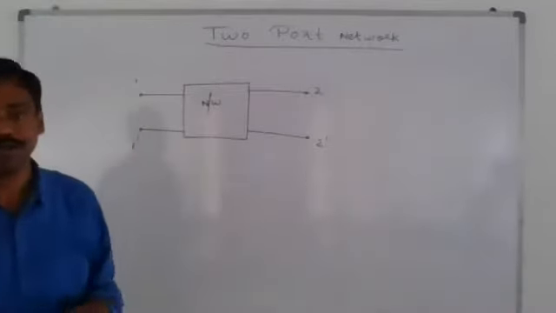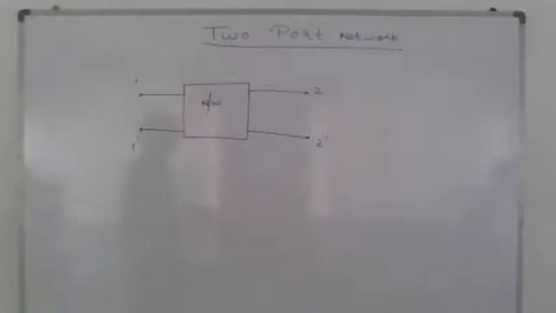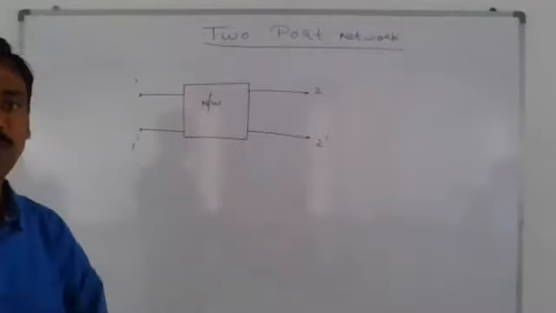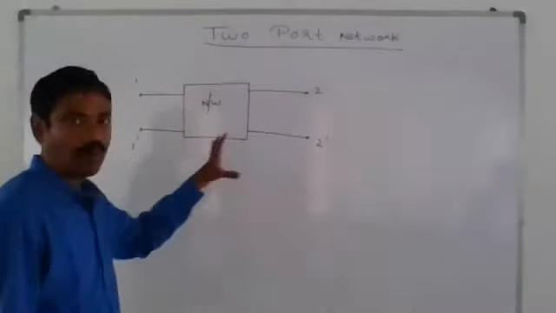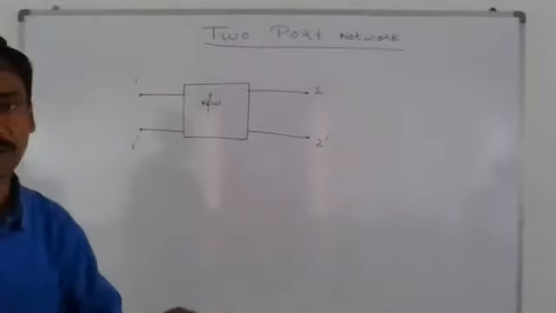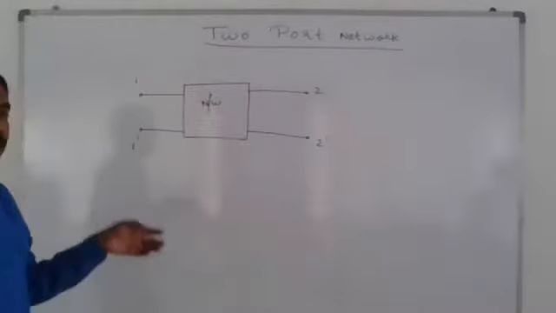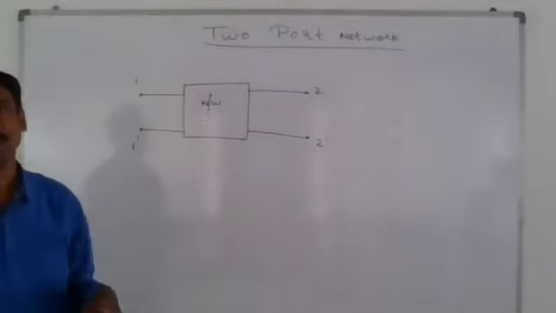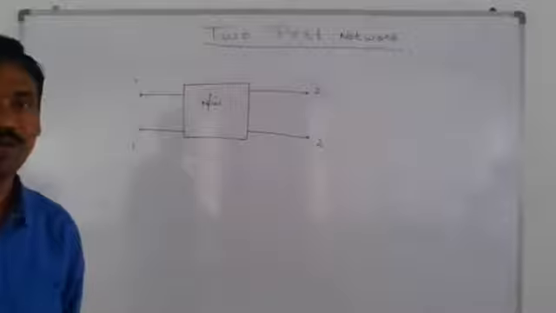Finding the properties of network is important. What is its input voltage? If I give any input voltage, what is its output voltage? What is its input impedance? What is its output impedance? What is input current? What is output current? These are some variables which you have to find out.